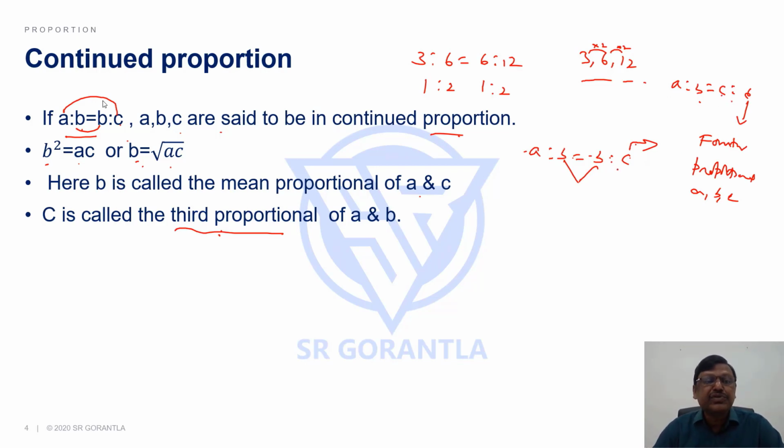The third proportional term is used in continued proportion. And as I said, continued proportion is synonymous with geometric progression, because if three numbers are in continued proportion, are they not in geometric progression? They are, right? Okay.